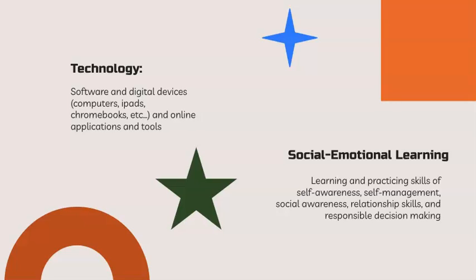Social-emotional learning is the learning and practicing of skills such as self-awareness, self-management, social awareness, relationship skills, and responsible decision-making. These skills are used for things such as collaboration, problem-solving, reaching goals, etc.